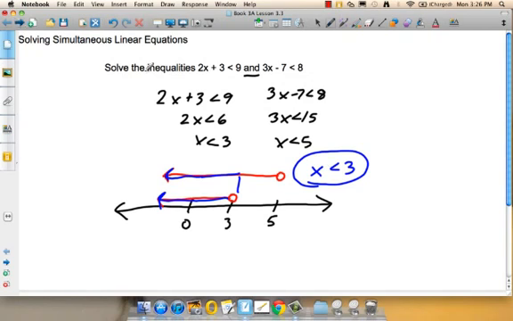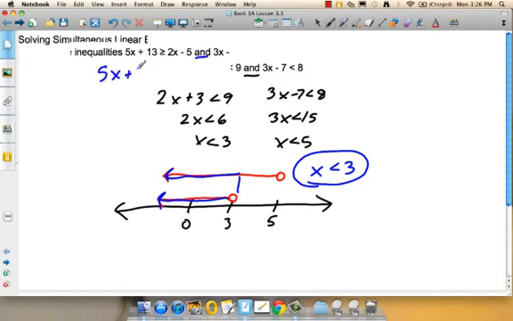Solve the inequalities 5x plus 13 is greater than or equal to 2x minus 5, and, again, I'm combining two situations, 3x minus 7 is greater than 9x plus 11. So first thing I'm going to do is solve my first inequality. 5x plus 13 is greater than or equal to 2x minus 5. I'm going to go ahead and subtract 13.